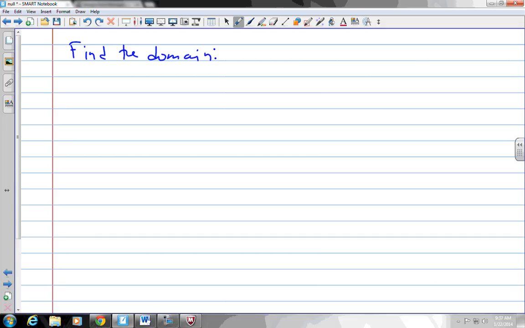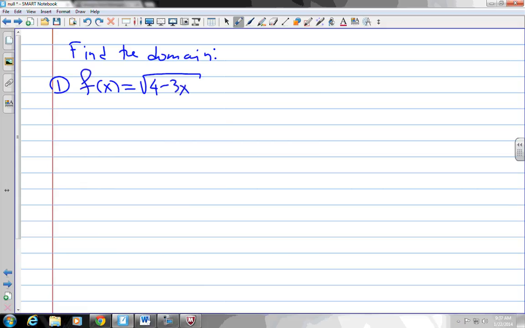I'll give you a function, f of x equals the square root of 4 minus 3x. Okay? So you see a square root. That should trigger an alarm.